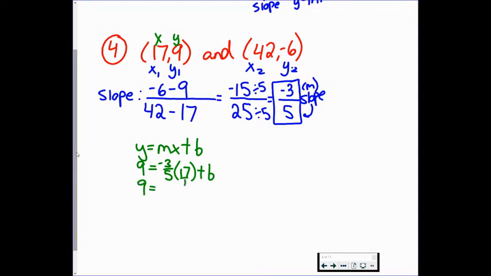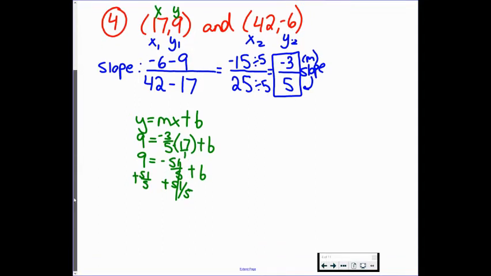-3/5 times 17/1 is -51/5 plus b, because you just multiply the fraction straight across: -3 times 17 and 5 times 1. To get b by itself, I'm going to add 51/5 to both sides of the equal sign, so that b is by itself. 9 plus 51/5, we do need a common denominator here.